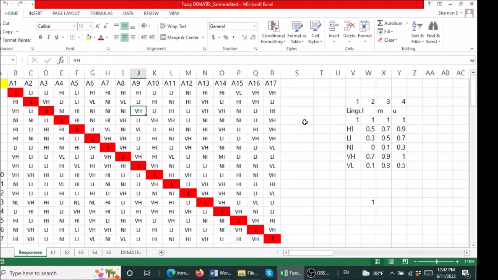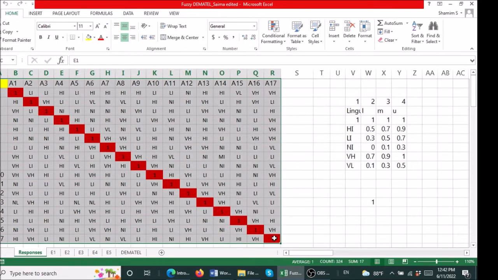So imagine that we have collected our responses in the matrix format, using the first questionnaire template.